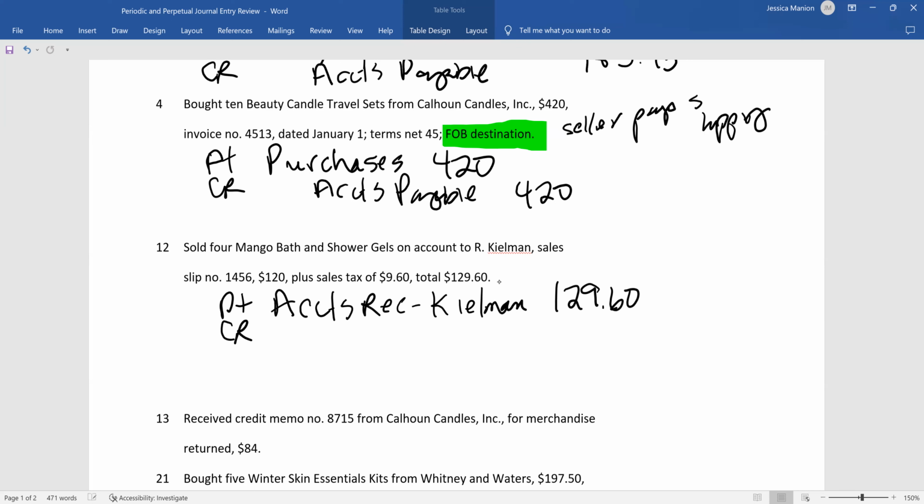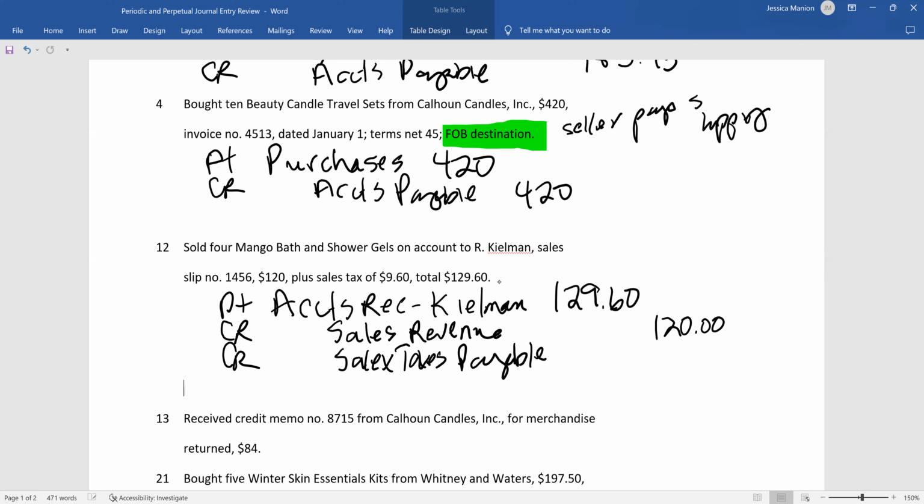We're going to credit sales revenue for $120. And then we're going to credit sales tax payable, because remember, we collect that sales tax from the customer, but we don't get to keep that $9.60. We have to turn around and pay that to the Department of Revenue, right?